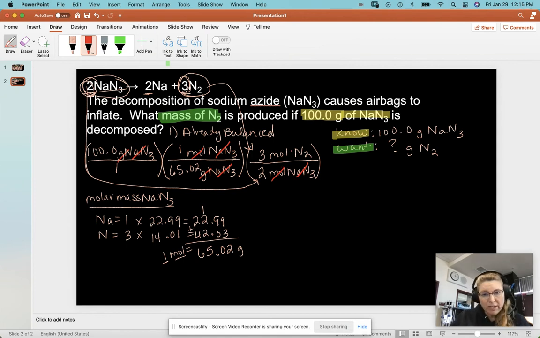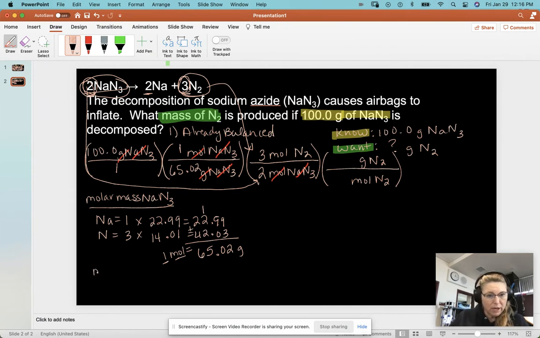Now we have moles of N2, which is very close, but not quite there for grams of N2. So in the last set of parentheses, we have to change those moles back to grams. So we're going to put moles of N2 on the bottom, so it will cancel, and grams of N2 on the top, because that's what we're trying to make. Now, whenever we convert between moles and grams, we're always using a molar mass.